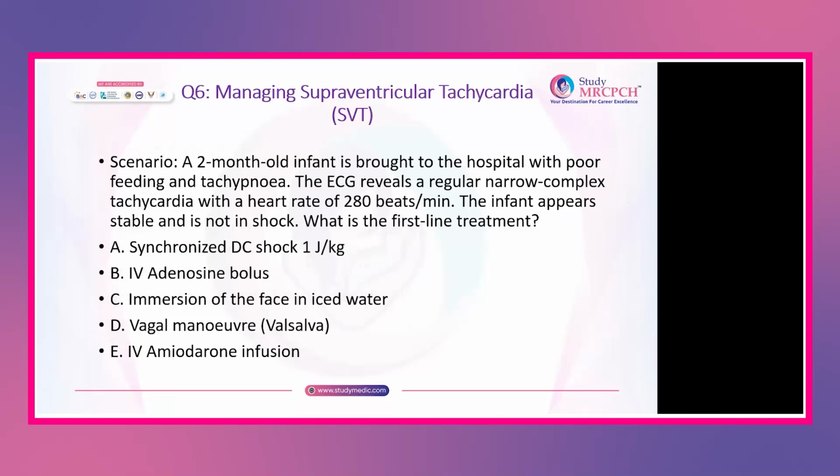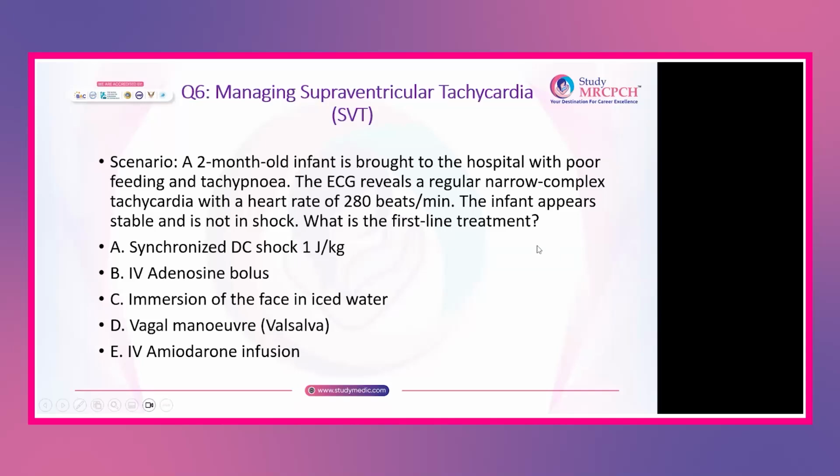Our sixth question. A 2-month-old infant is brought to the hospital with poor feeding and tachycardia. The ECG revealed a regular narrow complex tachycardia with a heart rate of 280 beats per minute. The infant appears stable and is not in shock. What is the first-line treatment?